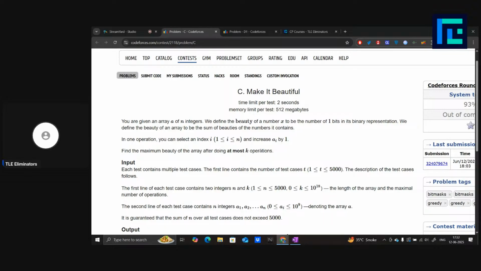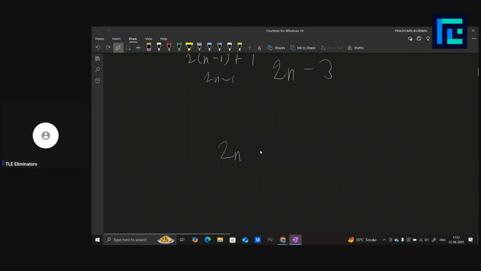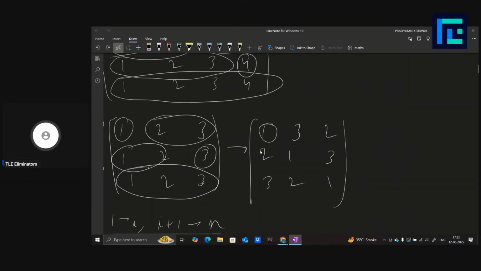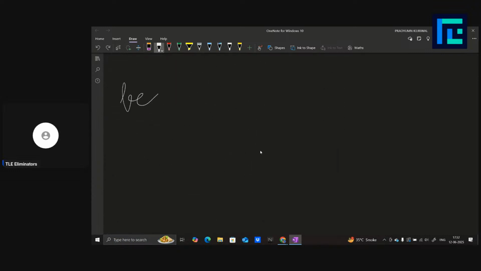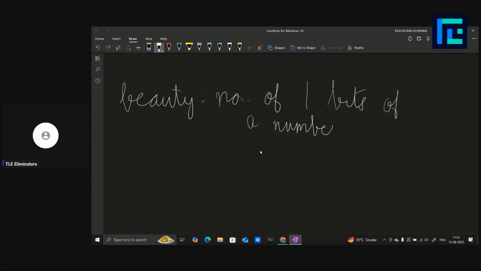Okay, so what they are asking is they have defined a beauty. So beauty of a number they have defined. Beauty means number of 1 bits of a number, right? This is beauty of a number.